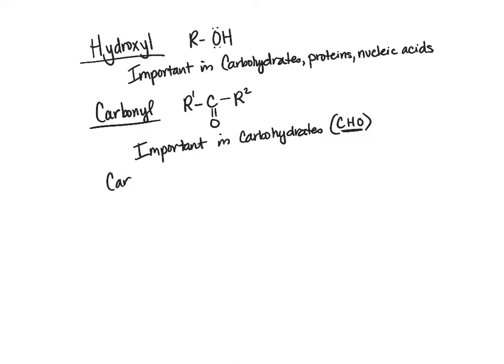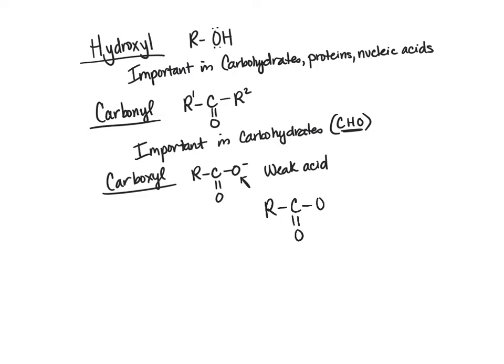Then our next group, our carboxyl group. So remember the carboxyl group, what that looked like. Similar to the carbonyl, but then we add an extra oxygen that's negatively charged there. And the carboxyl group actually ends up being a weak acid. What we see here is we have the rest of the molecule, and because this oxygen is negatively charged, it pulls on and grabs a hydrogen in order to become more stable.